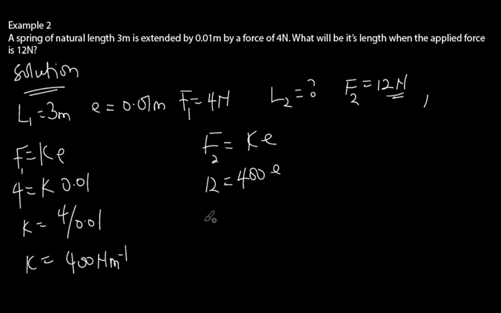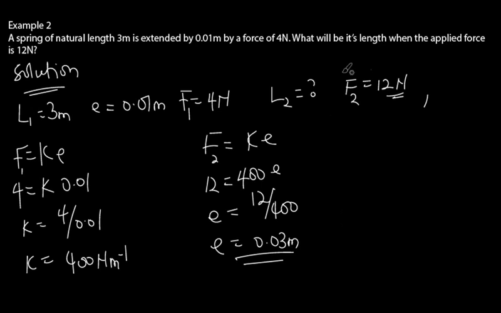The extension we don't know, so we find the extension in the second case. The extension is 12 divided by 400, which will give us 0.03 meters, which means when the force applied was 12 Newton, the extension in the material was 0.03.